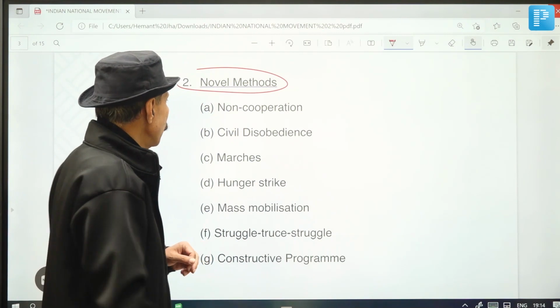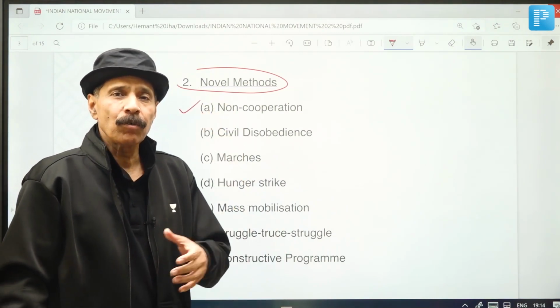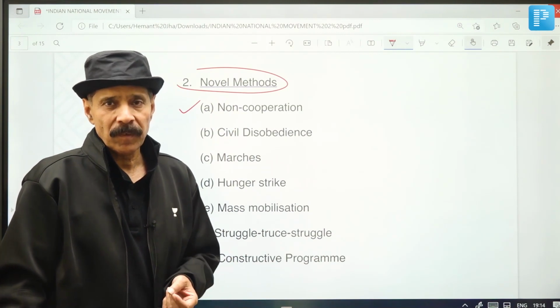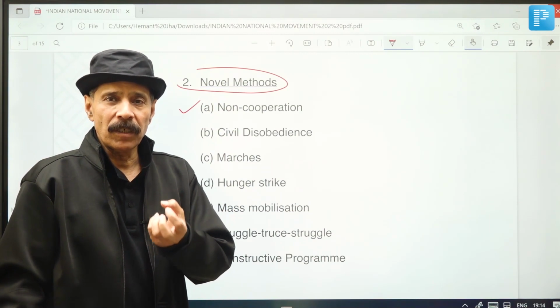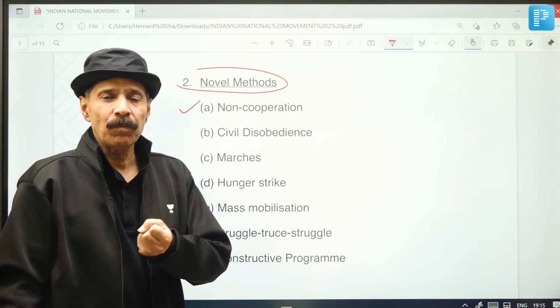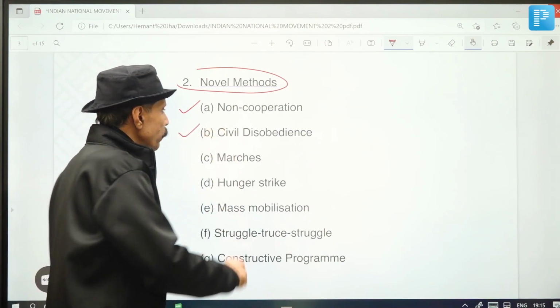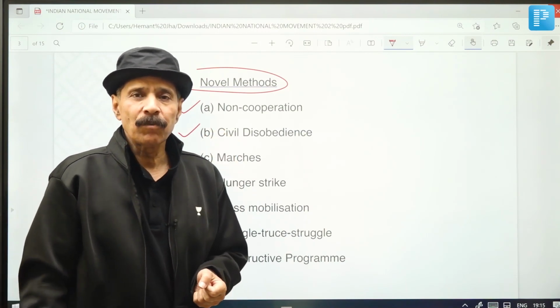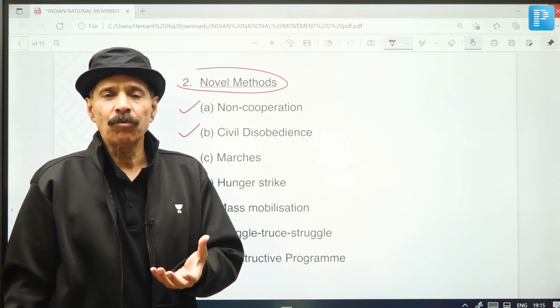The first one here is non-cooperation. That means not to cooperate with the government, and it represents a kind of political strategy to pressurize the government. Second is civil disobedience. That means to disobey the law in a peaceful manner and to be ready to accept punishment.